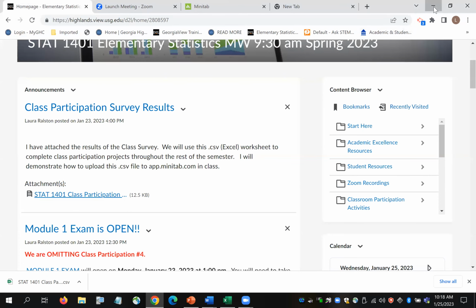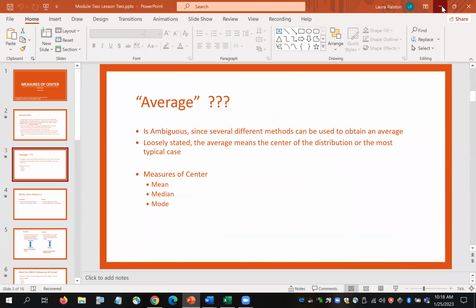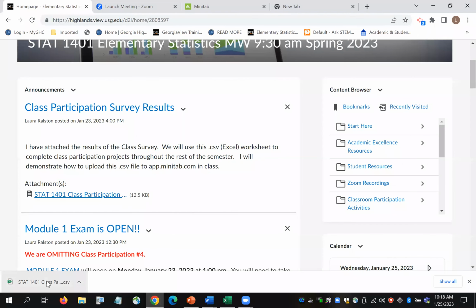So once I get it downloaded, then I'm going to go to that folder, if I can find it on my screen. Where's my datasets folder? Okay. Once it's downloaded, I'm going to open it.